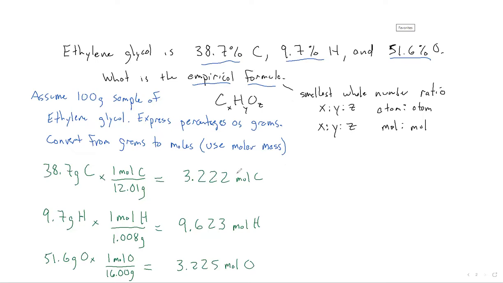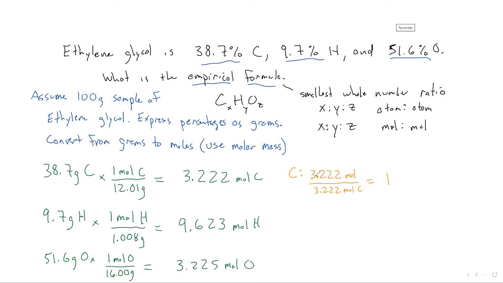All right, so I'm going to divide all of these numbers by the smallest number. So for carbon, 3.222 moles divided by 3.222 moles of carbon is equal to 1, right?